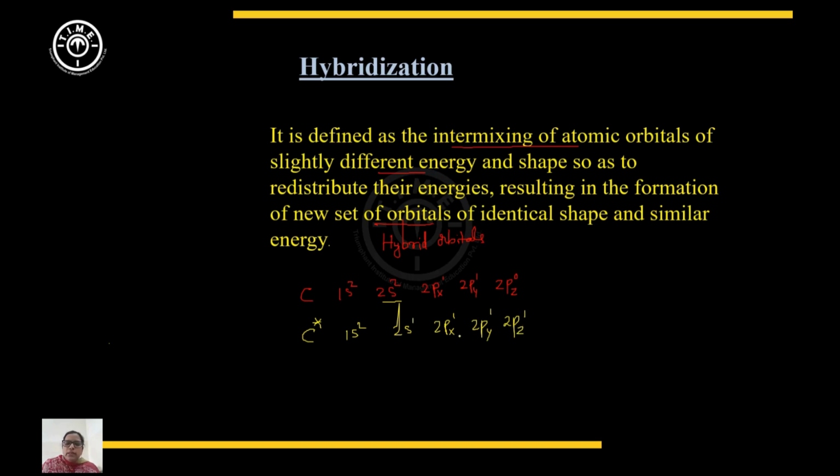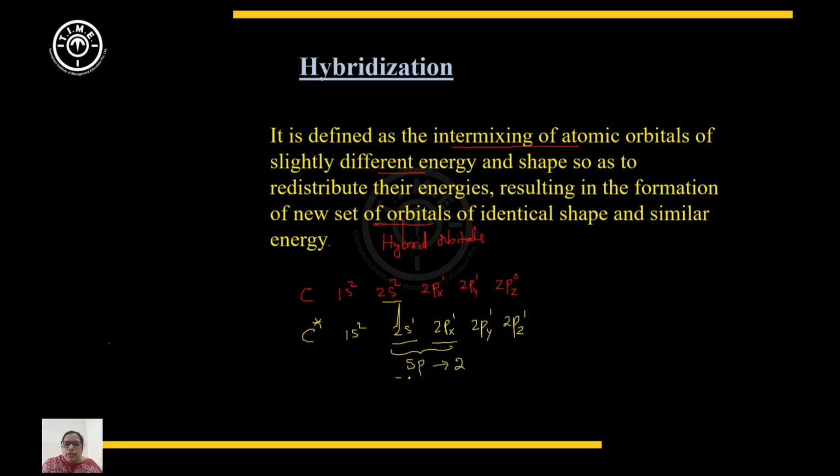So in the excited state, carbon undergoes some intermixing process. For example, if one s orbital intermixes with one p orbital, this is called sp hybridization, and it forms two hybrid orbitals.